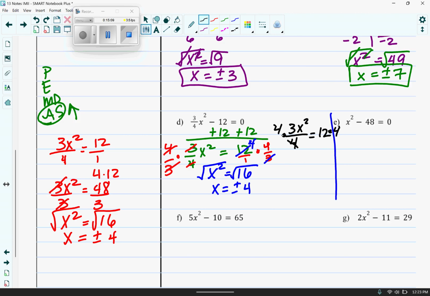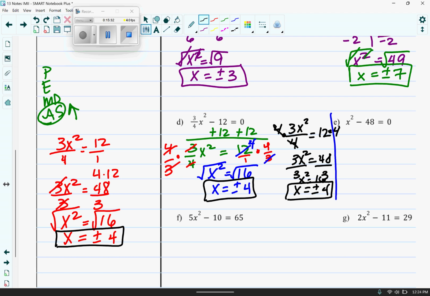So then these would cancel and I'm left with 3x squared equals 48 and divide by 3. Again, x squared is equal to 16, and then x is equal to plus or minus 4. Any way you slice it, they're all going to be plus or minus 4.